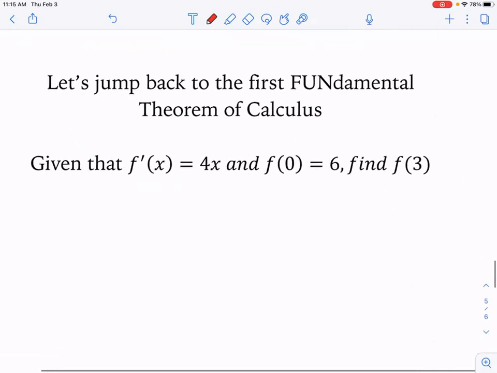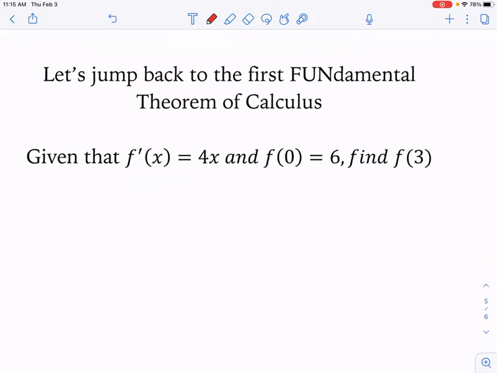All right, so let's jump back to the first fundamental theorem of calculus. Okay, so the second fundamental theorem of calculus, the antiderivative cancels out the derivative. We're left with the function. Now the first one.